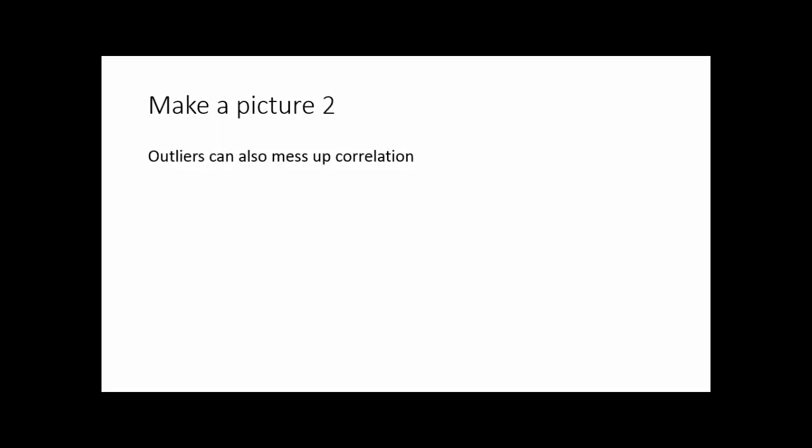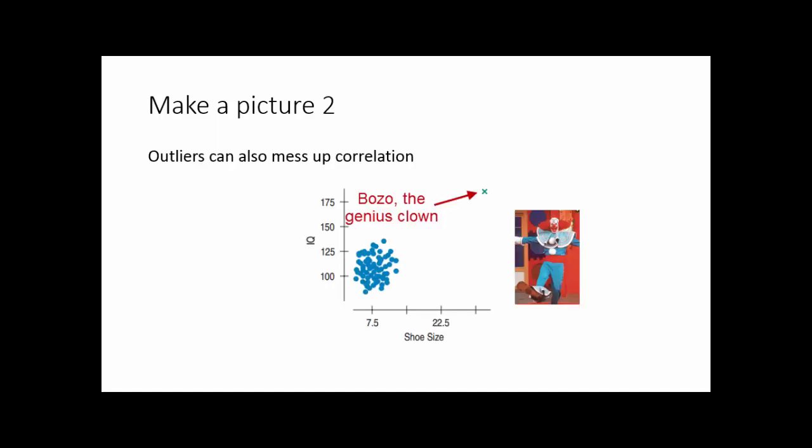The other thing that can mess up the computation of the correlation are outliers. And I like the example, what I call the clown example, where we've made a scatter plot now between shoe size and IQ. And you can see that I have a cloud of points right here.